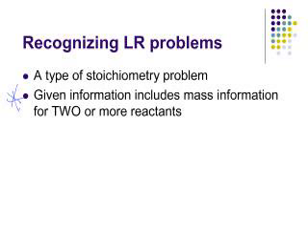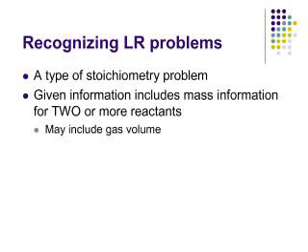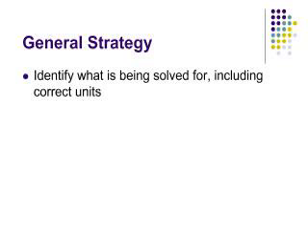If you are given mass information for two, in some cases even more reactants, then you've got a limiting reagent situation. And you need to know that. Now, this information, instead of mass information, may include volume of gases. Don't let that throw you. We can handle that.